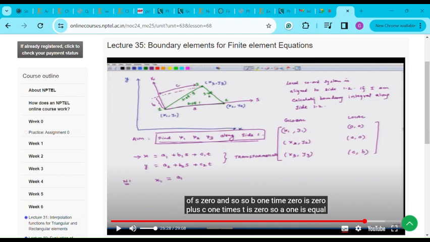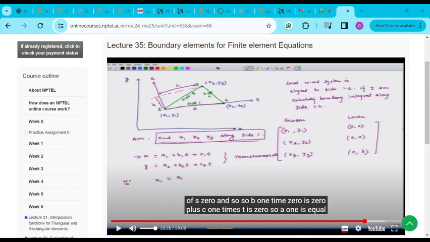So let's say this is the problem, and this is the coordinate system. This is a heat transfer problem, conduction.